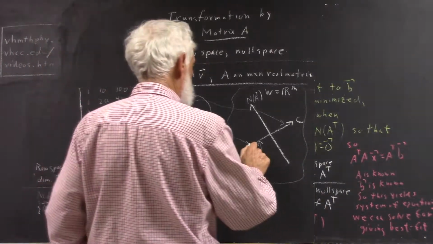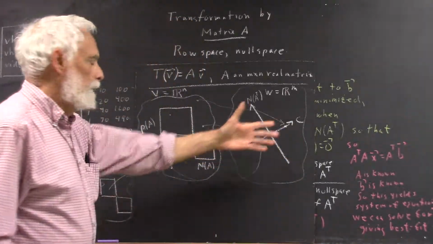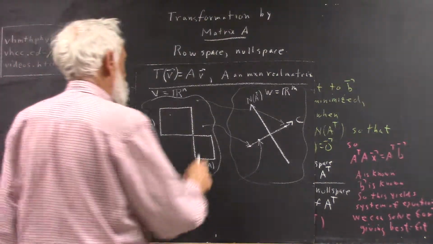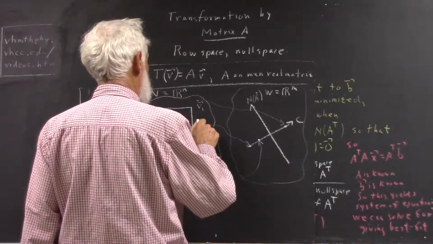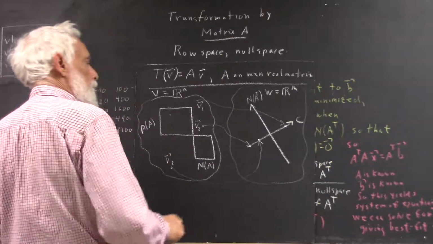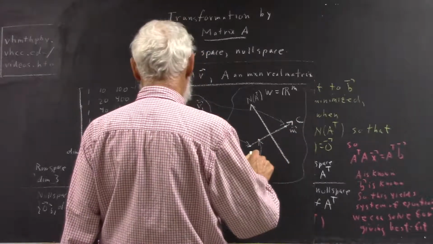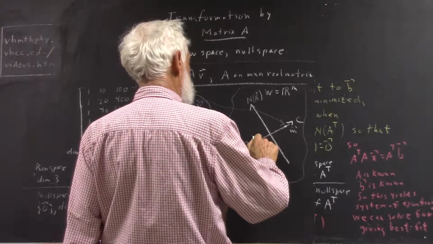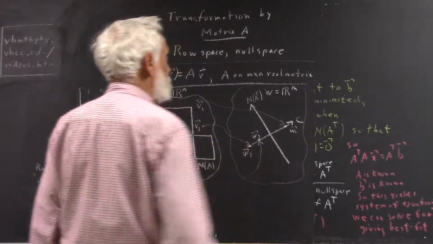So these three vectors map to these three vectors over in the column space. I can call these V1, V2, V3, and I'll call the images W1, W3, and W2.